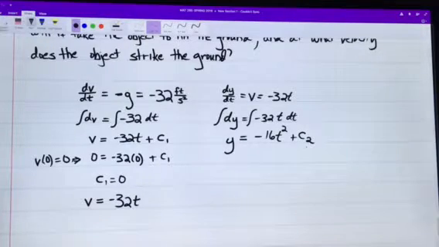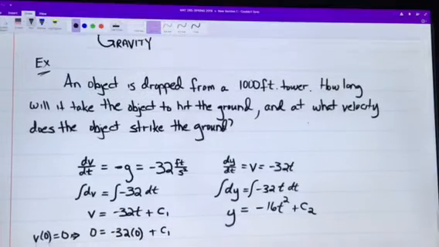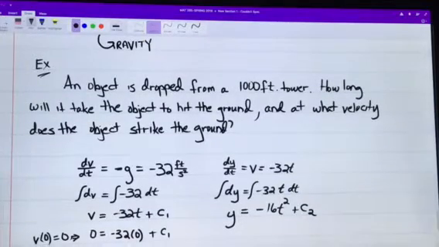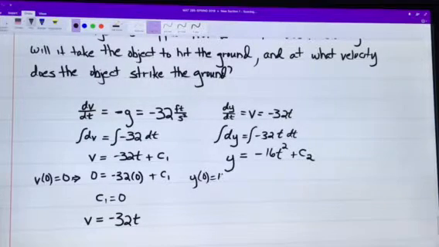Now, just from the start, an object is dropped from a 1,000 foot tower. So the height at time 0 is 1,000 feet. So 1,000 is the value of the second constant.